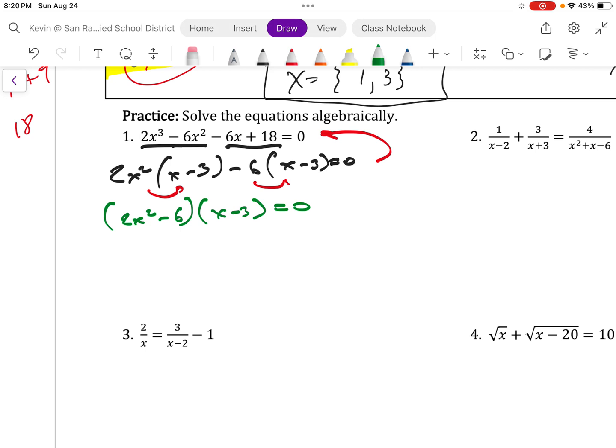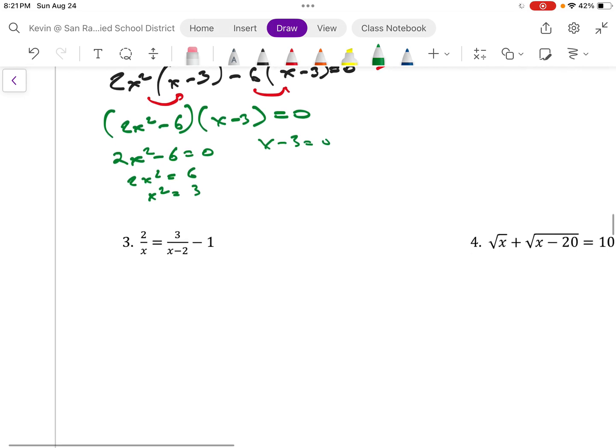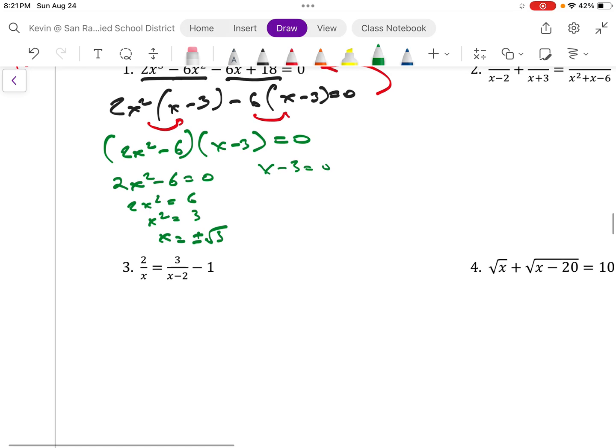Now we set each factor equal to 0. x squared equals 6, x squared equals 3, therefore x equals plus or minus square root of 3, and over here x equals 3.